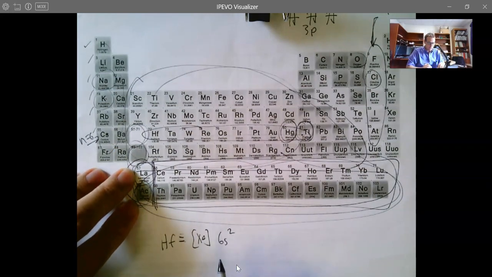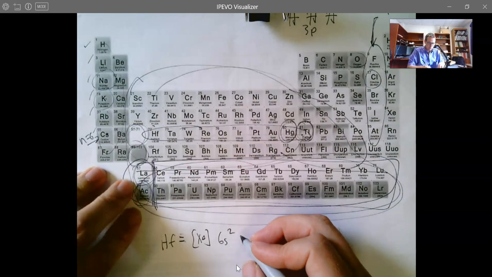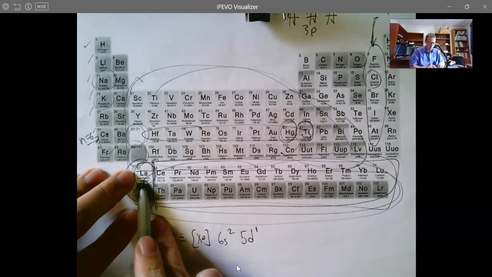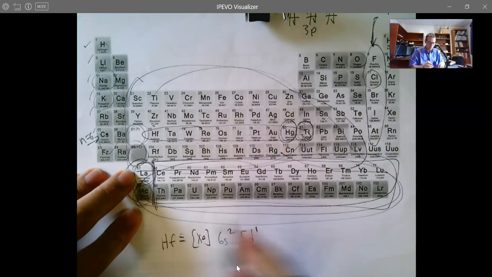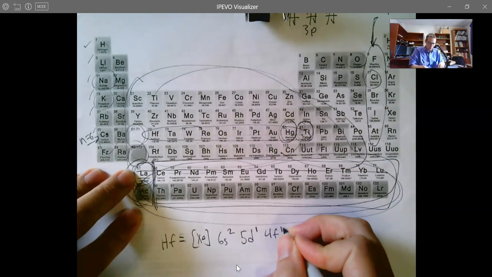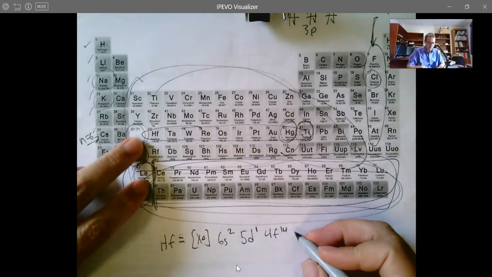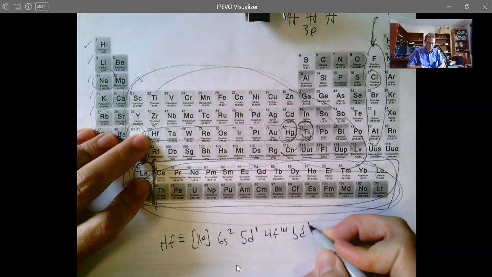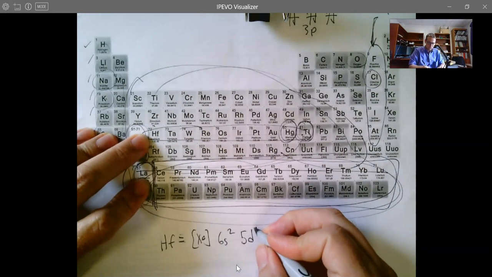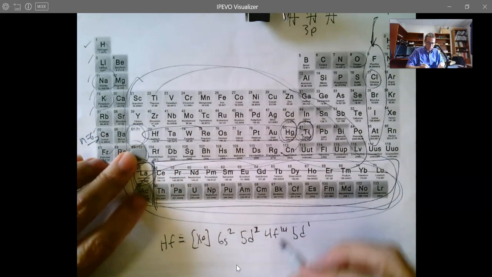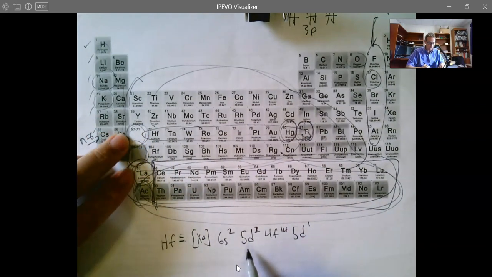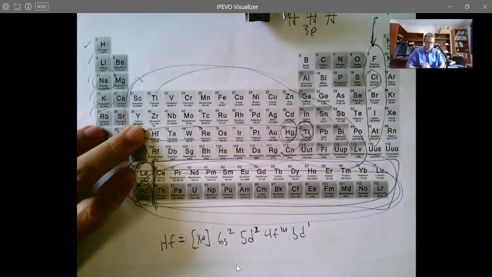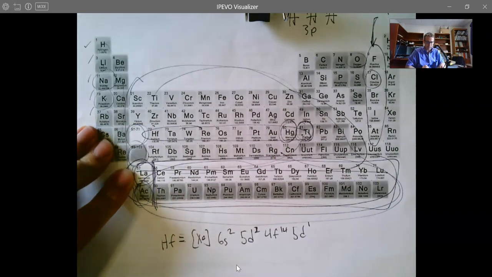But what actually happens is you get a 5d1 with the lanthanum first, and then you get 4f14, and then you would get a second 5d, so 5d1 for the hafnium there, and so it ends up being a 5d2, where your lanthanum fills before the 4f14, and then the hafnium fills a second electron there.